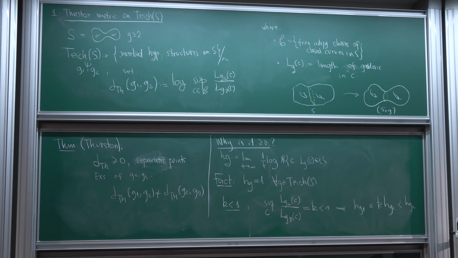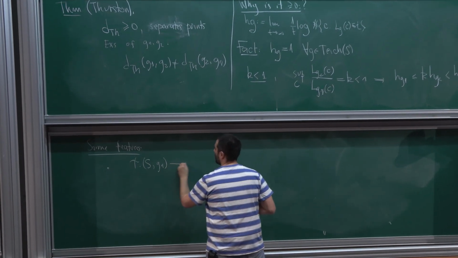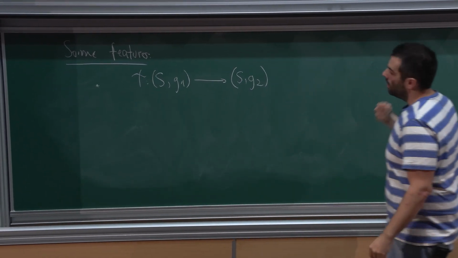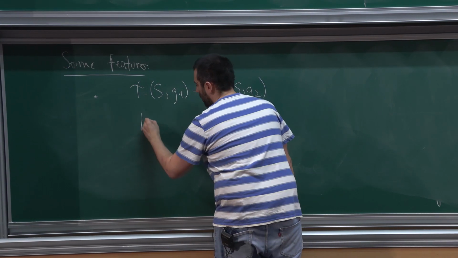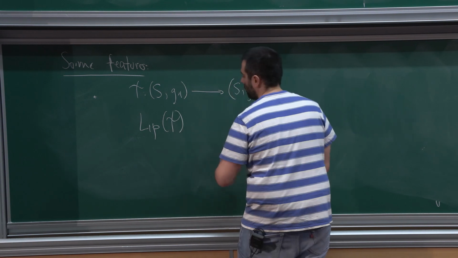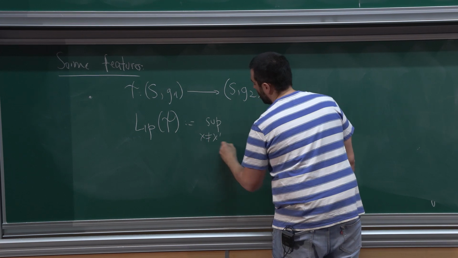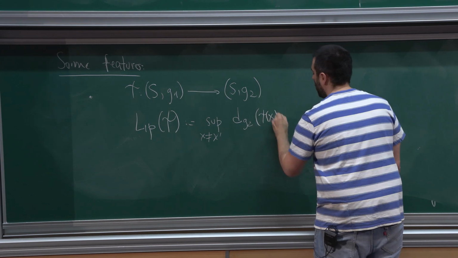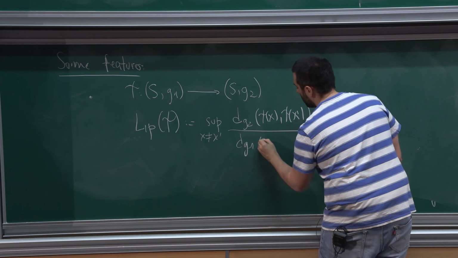If you have a pair of metrics, you can consider the maps going from the first metric space, the one associated to G1, to the second one. And you can compute the Lipschitz constant of such a map psi, defined as the sup over x different from x prime of the distance associated to G2 of psi(x) and psi(x') over the distance associated to G1 of x and x'.